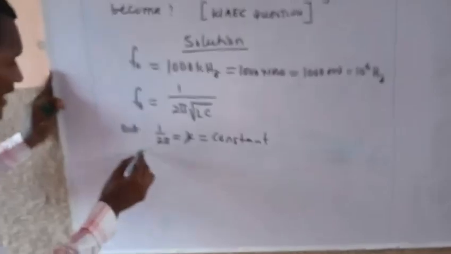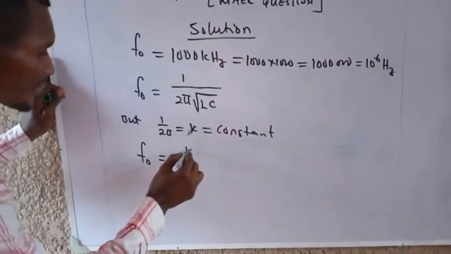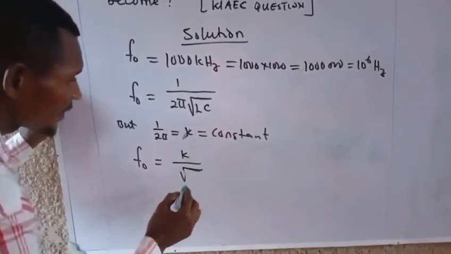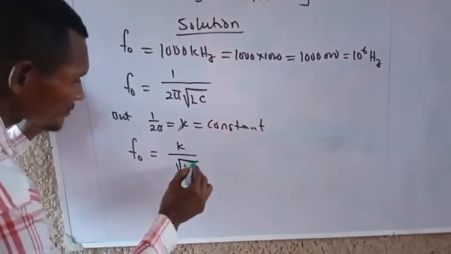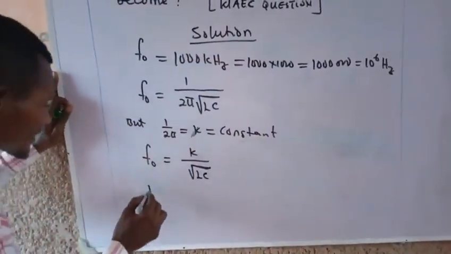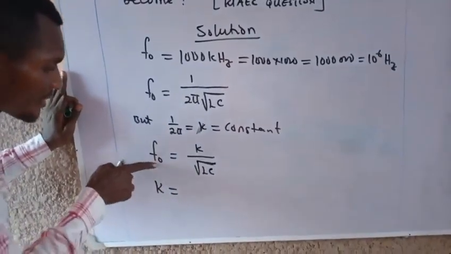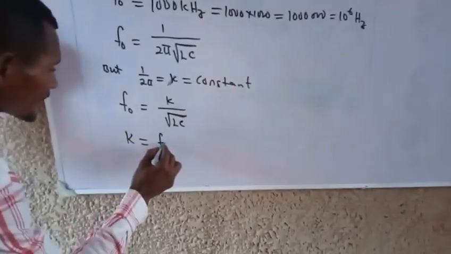So it means that I can write this equation as 1 over F0 is equal to K over the square root of LC. Now to make K the subject of the formula, we can say K is equal to, that's the cross multiply, F0 times the square root of LC.